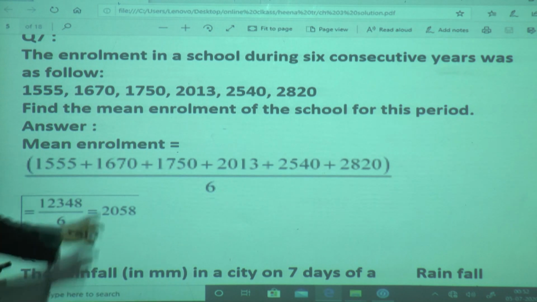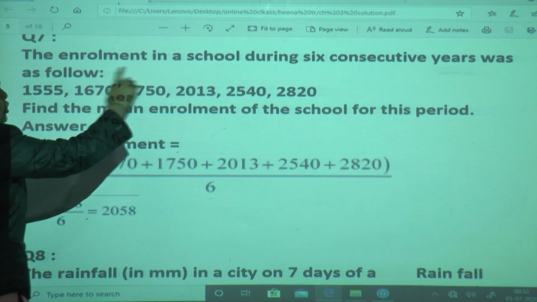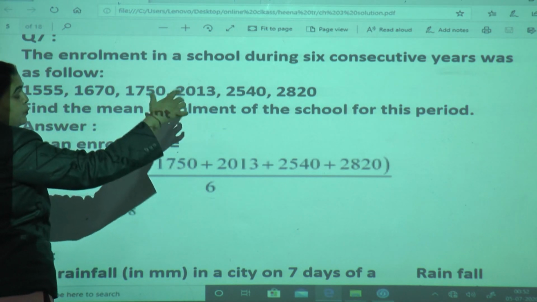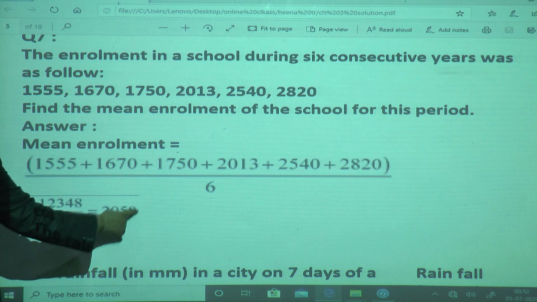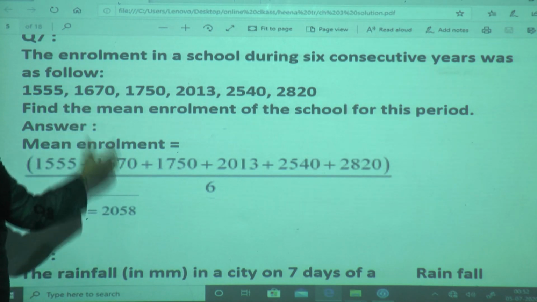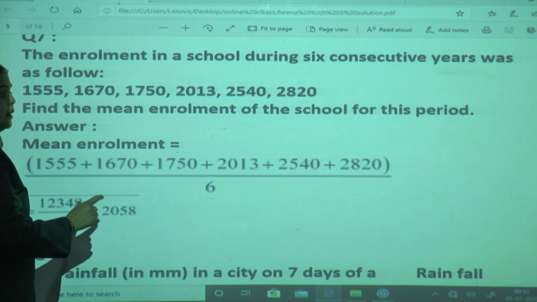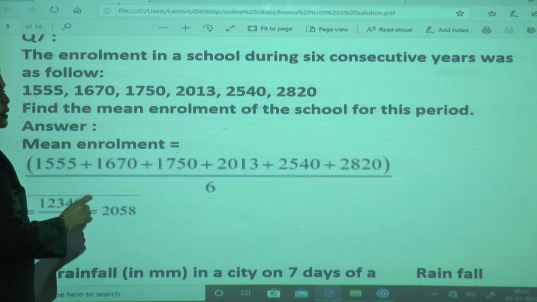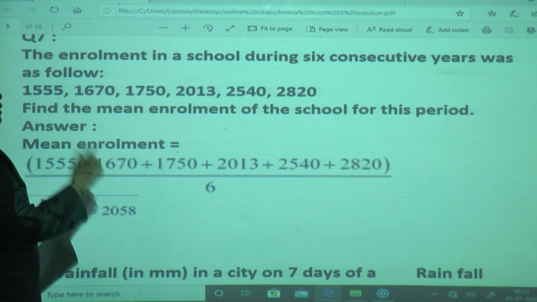In short we can say that in the 6 years the mean enrollment of students, that is the average or arithmetic mean, was 2058 students. Listen to the words: the average, that is the mean, lies between the highest value and the lowest value.